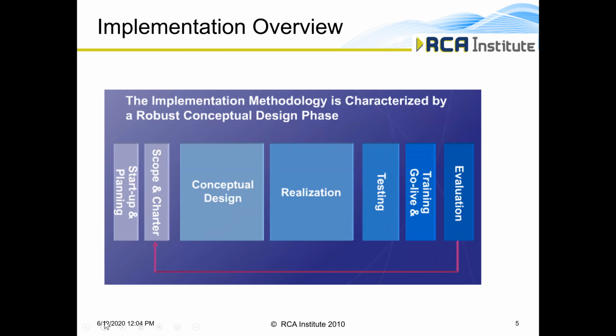The second thing is just implementing RCA. Now, this diagram is not that unique to RCA. For those of you who do software implementations, you could say this applies to almost any software implementation, and I would mostly agree with you. However, the two areas that are significant, and one is this idea of a conceptual design in RCA.